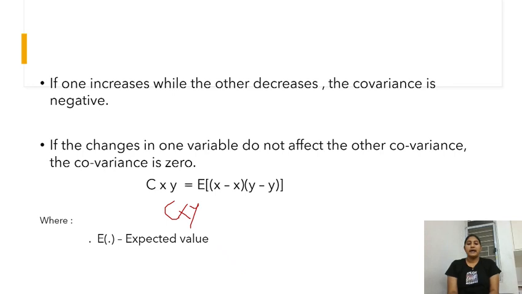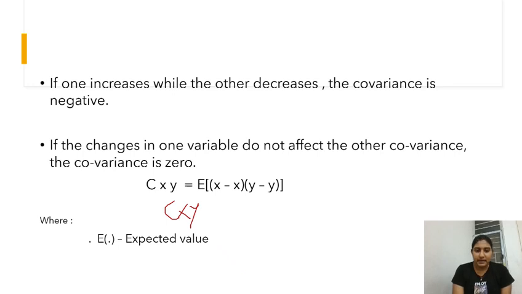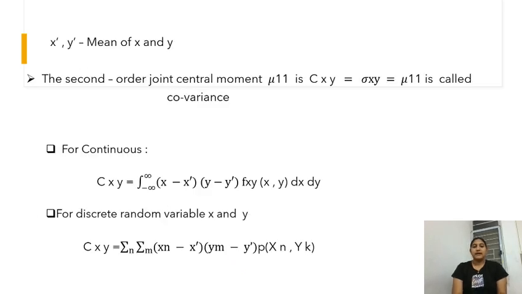Covariance equals the expectation of (x minus x bar) into (y minus y bar), where expectation is the expected value, and x bar and y bar are the means of x and y.